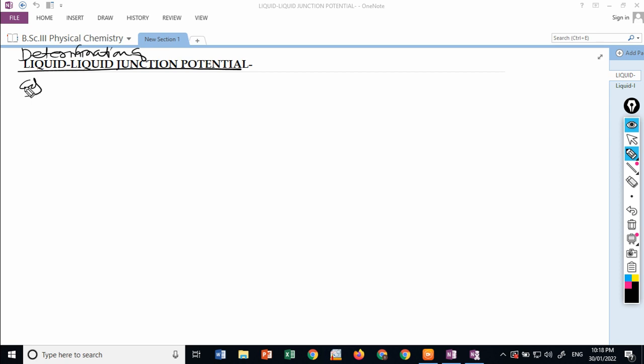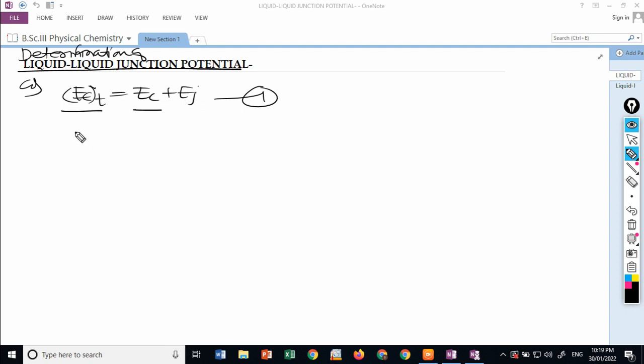Here the EMF of a cell with transference, as we have seen in previous lectures, is equal to the EMF of the cell plus the liquid junction potential. This is equation 1. This is the EMF of the cell with transference, this is the EMF of the cell without transference, and EJ is the liquid junction potential.